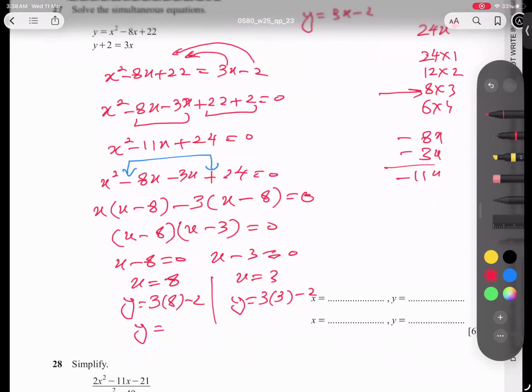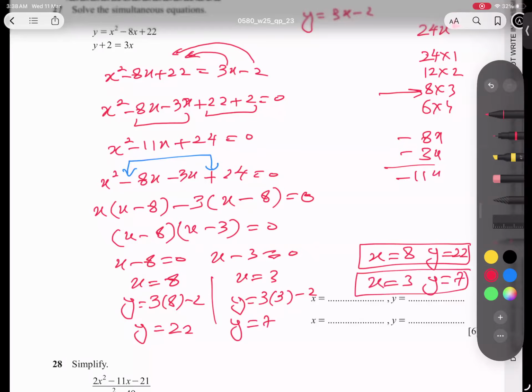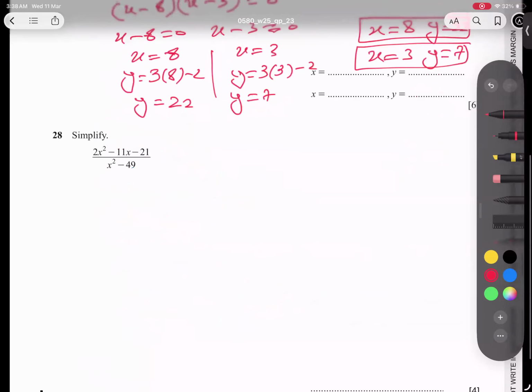It is coming 24. 24 and 2 gone, 22. So it means x value is 8 and y value is 22. One pair. And out of 9, 2 gone, 7. So it means x is 3 and y is 7. I hope the point is clear.